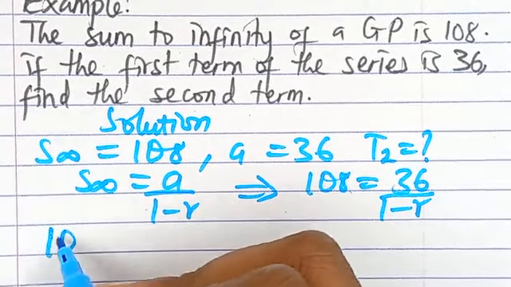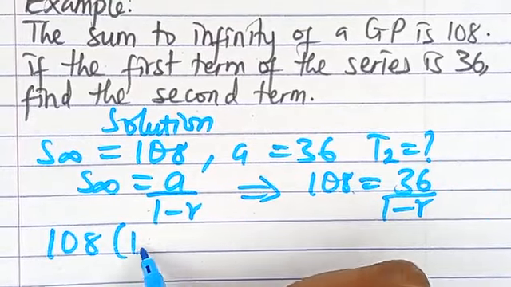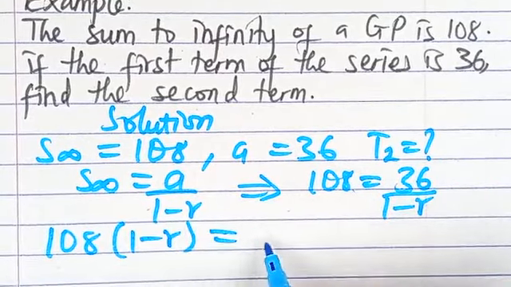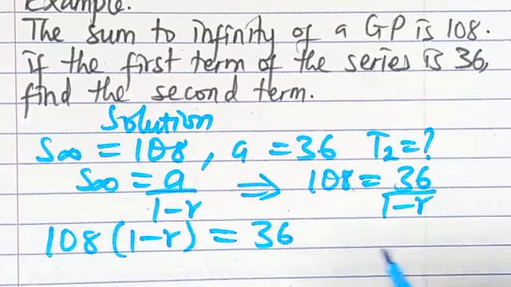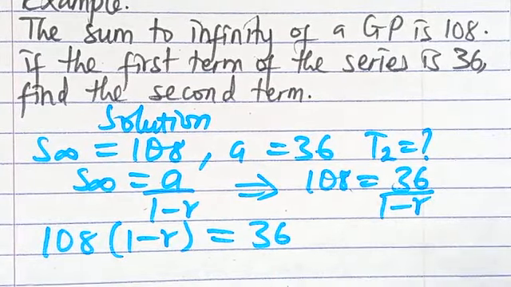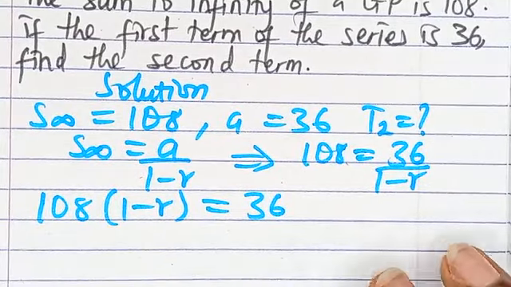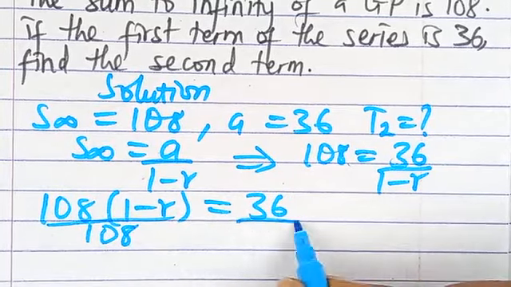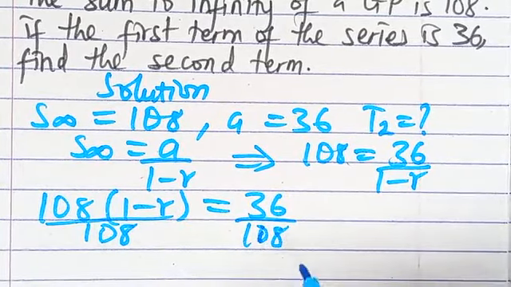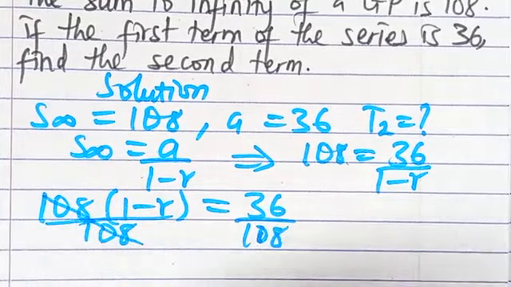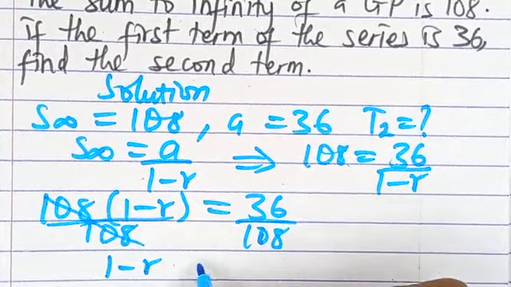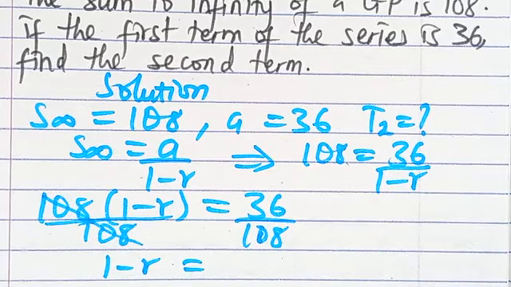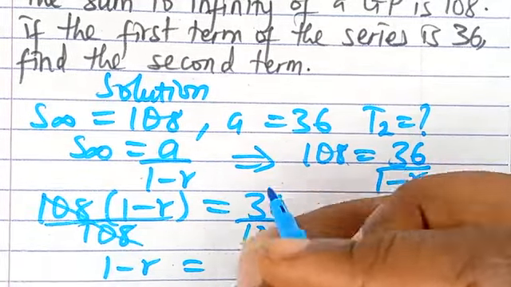We have that 108 into 1 minus R is equal to 36. 1 minus R cancels out on this side. So now we divide both sides by 108, and we have that 1 minus R is equal to 1 over 3.